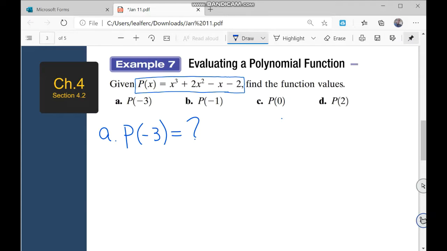Anyone remember? How can we find p of negative 3? The hint: you make x equals negative 3, and then you plug in. You substitute.